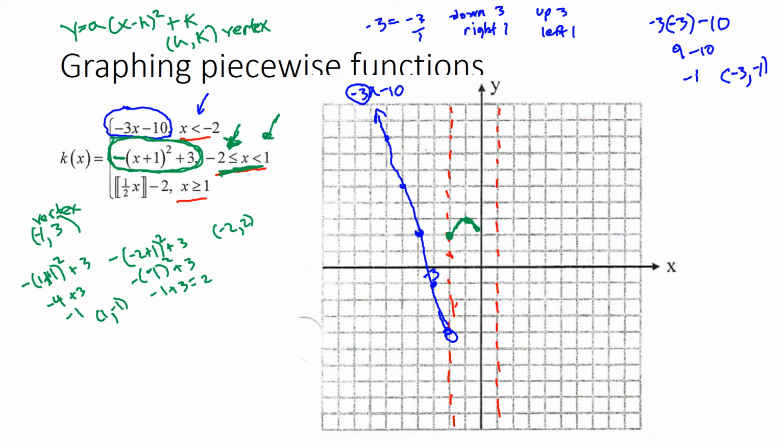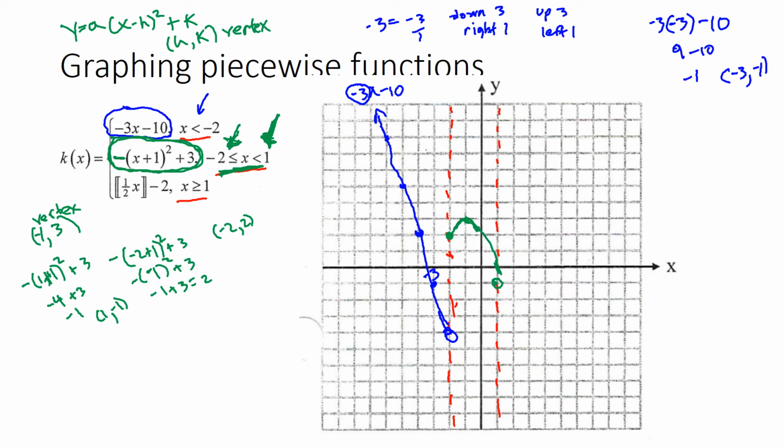So at 1, we would have -1. And that point would be here. However, notice right here that the inequality sign does not have the or equal to underneath it. So we're going to put an open circle at that particular location.